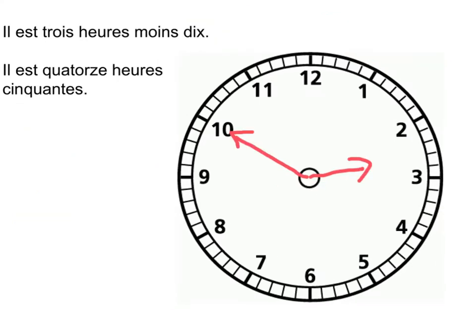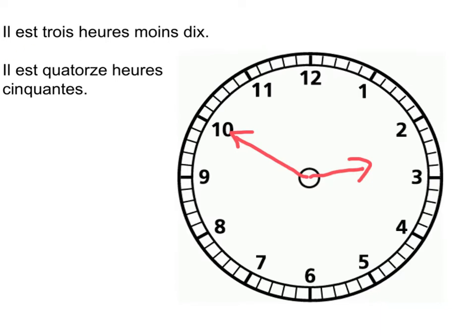All right, here's where things start to mix up a little bit. Okay, so let's just take a look at the first phrase. Remember, the first phrase we're using l'heure courante. So how we would normally tell time in the US. So not the 24-hour clock. It reads, Il est 3 heures moins 10. Okay, so let's look at the direct translation.